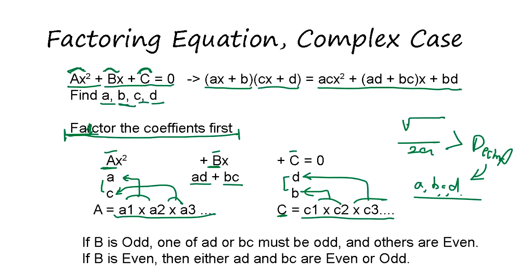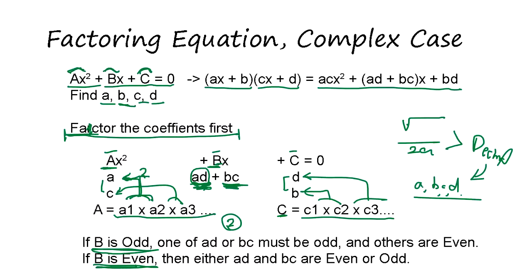Now, one of them is to look at the B. If B is odd, that means ad and bc, one of them is odd and one of them is even. If B is even, that means ad is even and bc is even, or ad is odd and bc is odd. When ad is even, some of these factors must contain an even number, and remember, the only even prime number is 2.